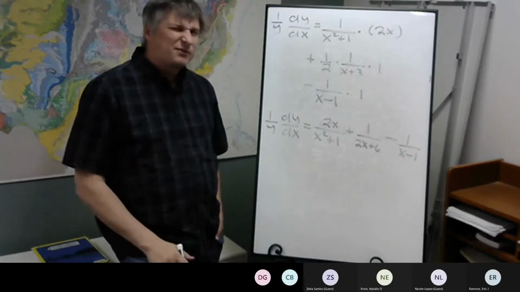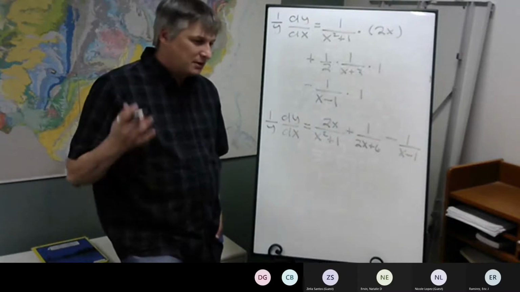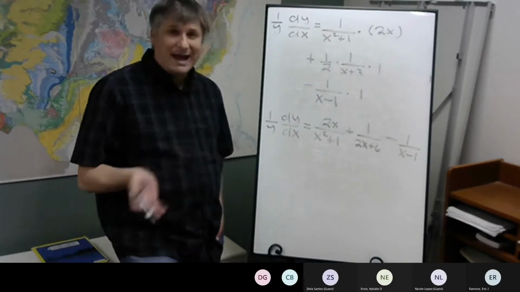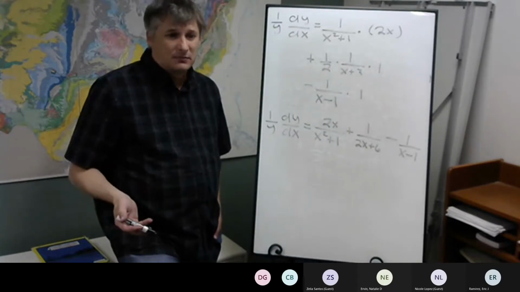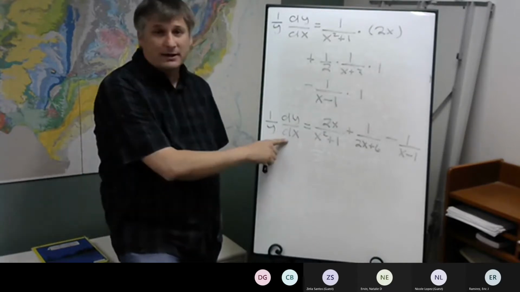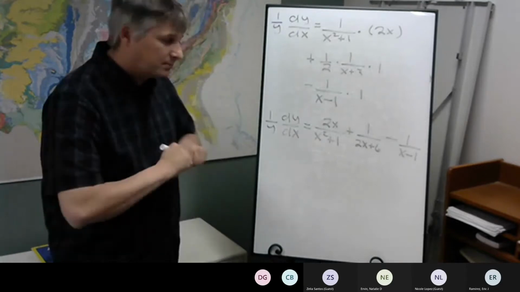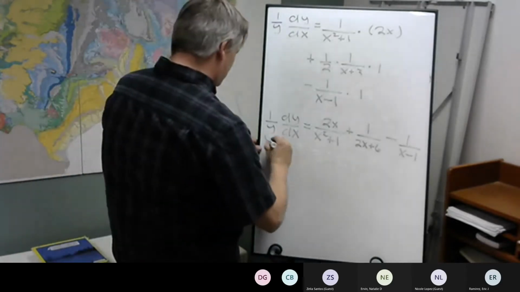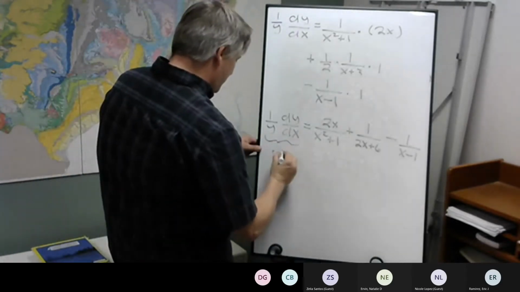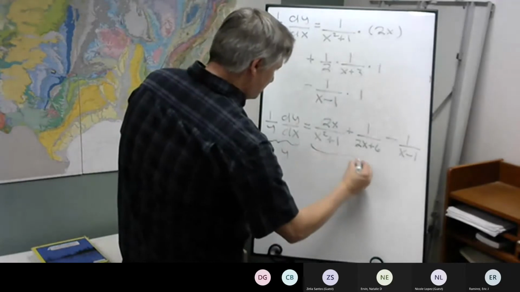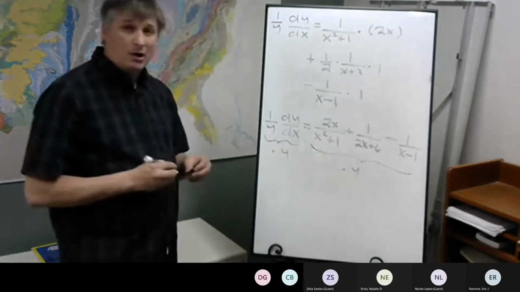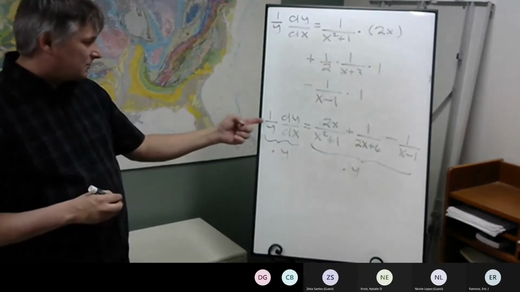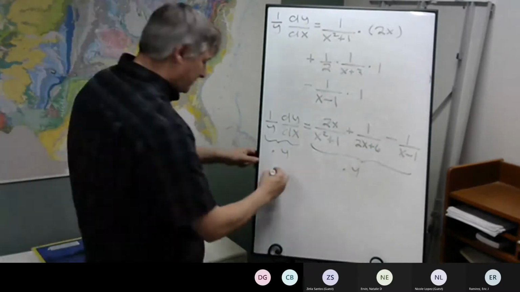So this is where that part from implicit differentiation comes in from the last section. We want to find dy dx. And so what we can do is solve for dy dx. So we'll multiply both sides by y. So the y's are going to cancel on this left side.